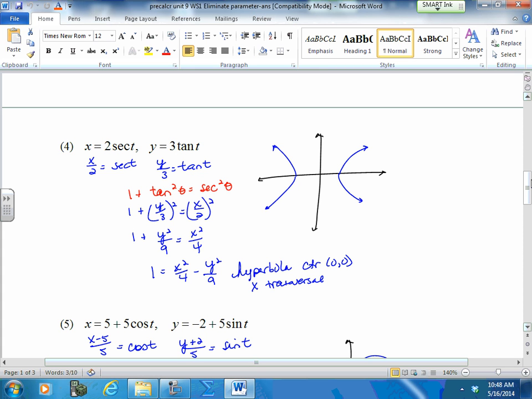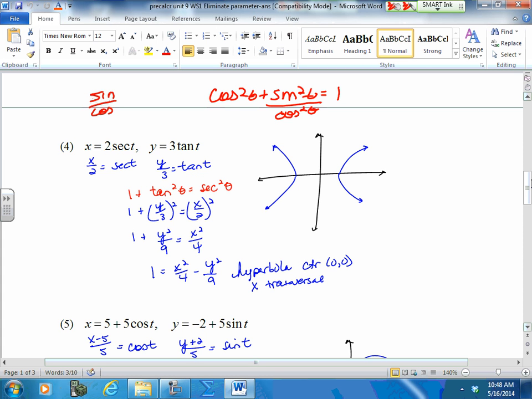Okay, now we have one identity that you know and love: cosine squared plus sine squared equals 1. Now, an easy way to get to a secant and a tangent. Tangent is sine over cosine, right? So I come to my sine and I say, if I divide this by cosine squared, I'll get tangent squared.